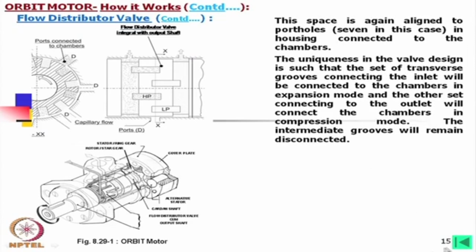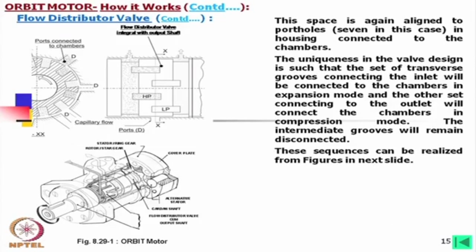The uniqueness in the valve design is such that the set of transverse grooves connecting the inlet will be connected to the chambers in expansion mode, and the other set connecting to the outlet will connect the chambers in compression mode. The intermediate grooves will remain disconnected. This means that there will be a sequence when one of the chambers is in neutral position.